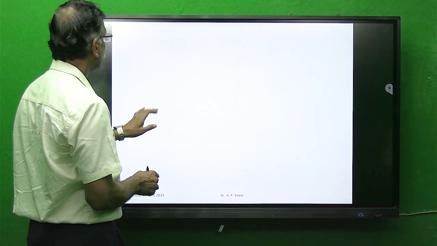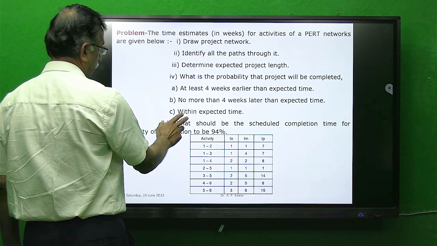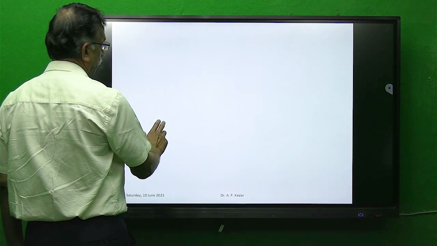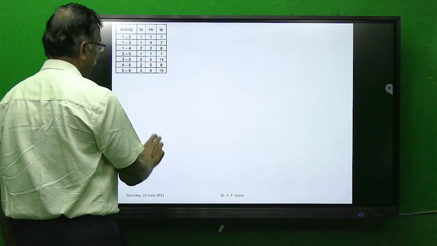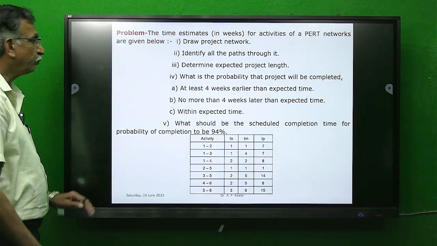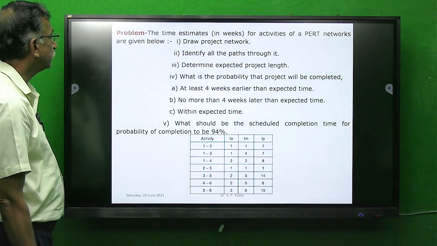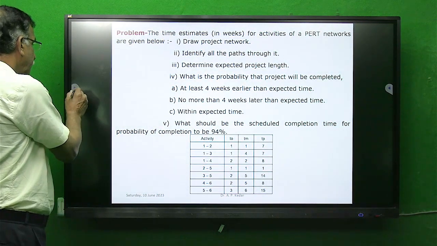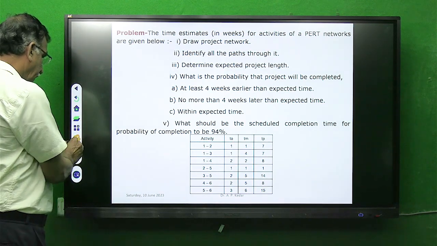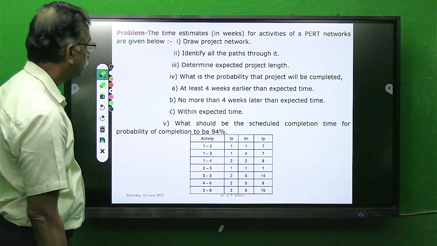Now see, this is the PERT problem. First we will look at the problem contents and then we'll proceed how to move ahead.